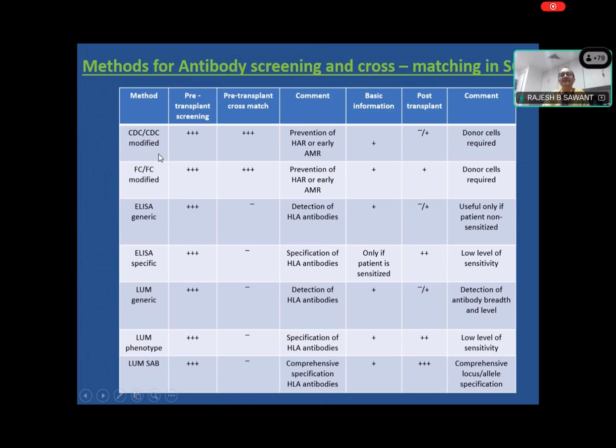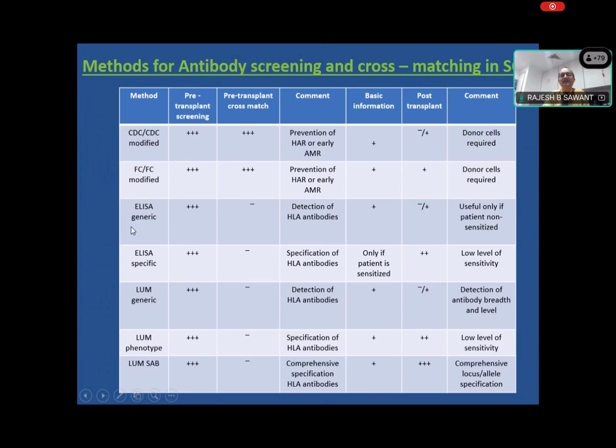So with this, again, the methods for antibody screening and cross matching in solid organ transplant basically. So here, as I said, CDC is the primary method, followed by modified flow cytometry technique.